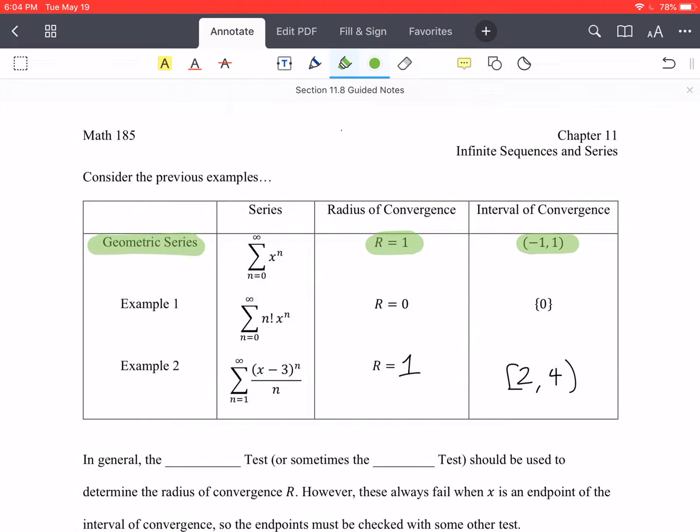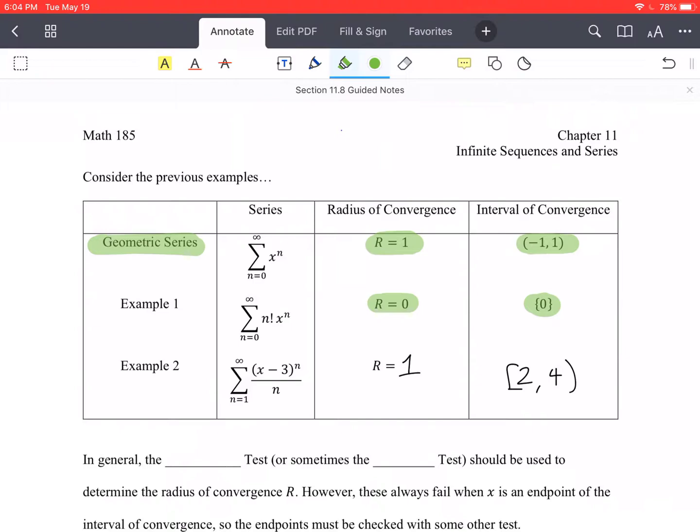Because a geometric series is convergent when the absolute value of x is less than r, little r in that case, is 1. Right, so that one's between negative 1 and 1. The first example we did, we saw that this one was only convergent when x was 0, so this has a radius of convergence of 0, and the interval of convergence is just a single point. It's just at 0. It's the only place that it's convergent.